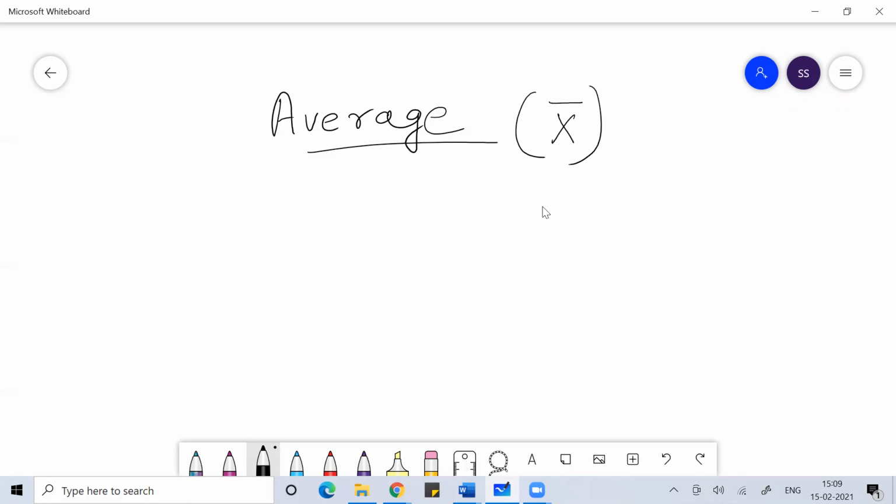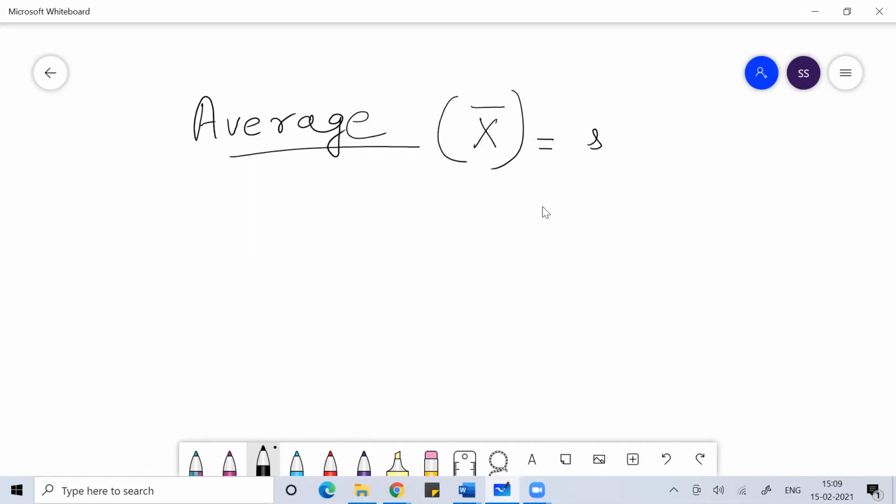to aptitude, average basically means the arithmetic mean, where the value of average is equal to the sum of data divided by the number of data.